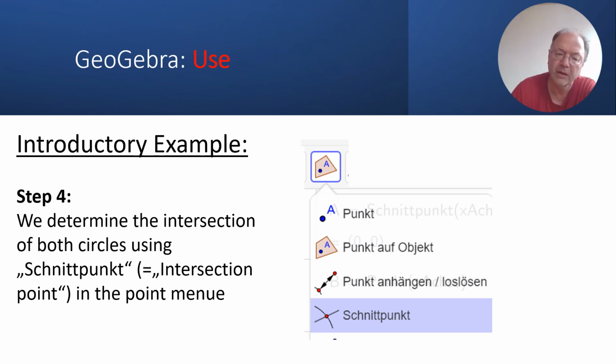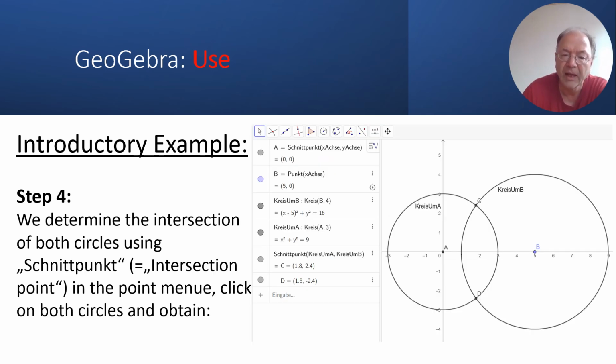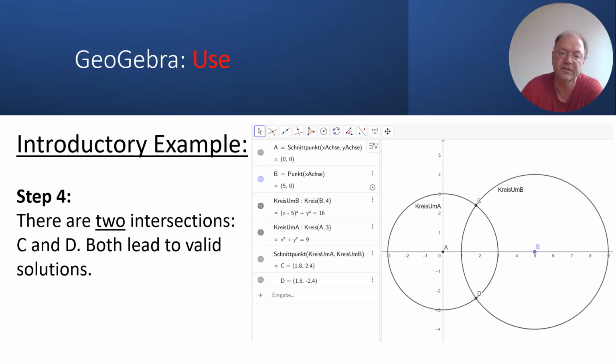That is this one, and I can put a simple point here, a point on an object. Or I can make an intersection, that is this one here. Schnittpunkt is German for intersection. Okay, and I get these 2 intersections here and there, C and D, and either one of them will lead to a valid solution. I get 2 valid solutions.